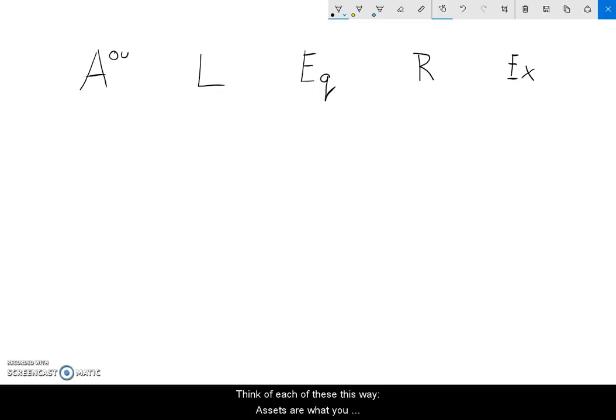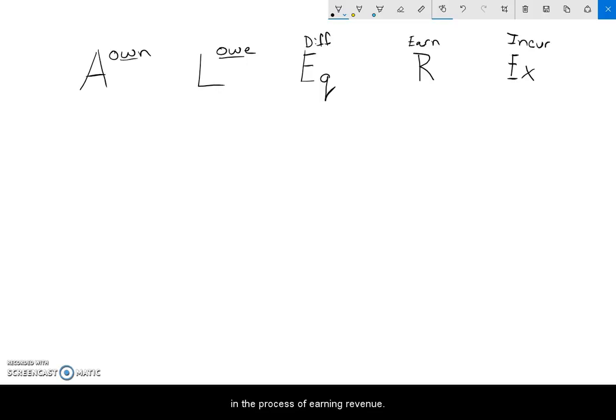Assets are what you own. Liabilities are what you owe. Equity is the difference between what you own and what you owe on what you own. Revenues are what you earn. An expense is what you incur in the process of earning revenue.